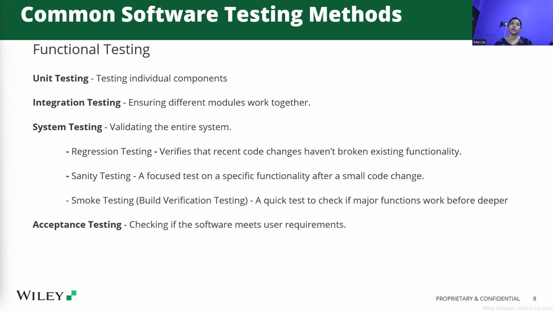And the next one is the sanity testing, where you focus the test on a specific functionality. Let's say there is a small code change, like a maintenance where you have identified some defect or a bug, and you have to go for an immediate release.